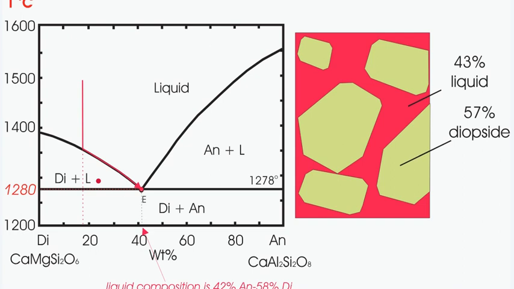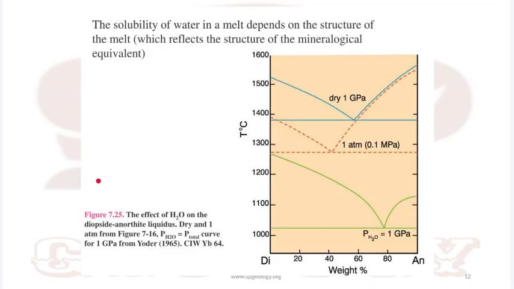So the effect of pressure and addition of water to a eutectic system. What will happen if you add water to a eutectic magma or if you change the pressure or temperature? The different components will respond to temperature and pressure conditions differently because they are different substances. The main thing: with an increase in pressure, melting temperature will increase.